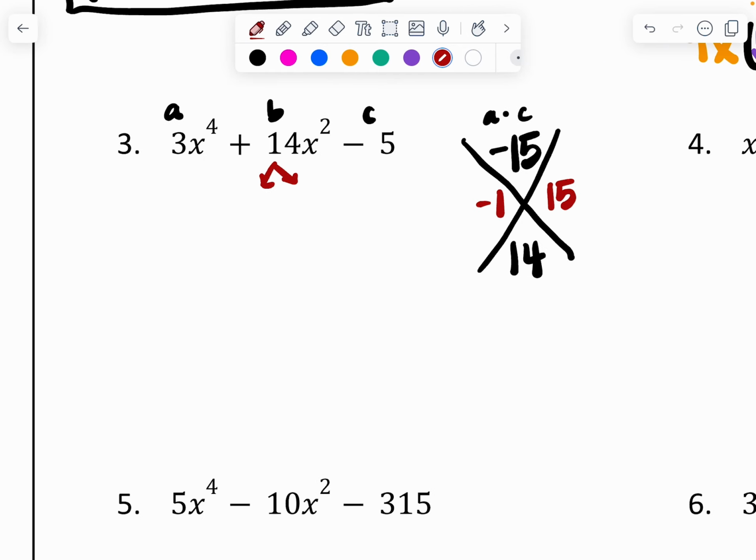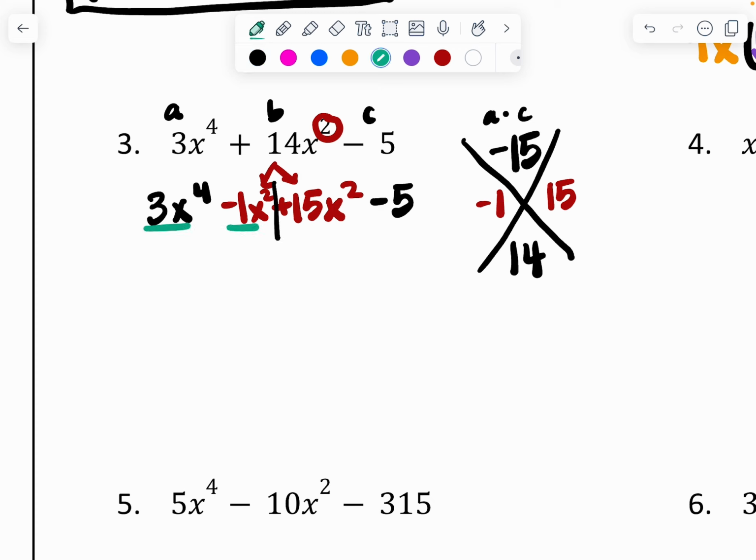Separate the middle term to negative 1x squared and positive 15x squared. Oops, sorry about that. Remember that this is x squared. Very important when you're doing higher order polynomials that you remember to use the correct exponents. Now I can factor by grouping. So I'm going to factor out x squared because that's my lowest exponent.